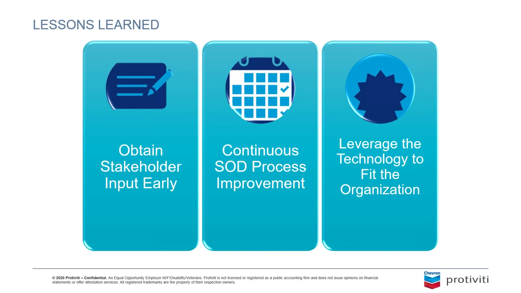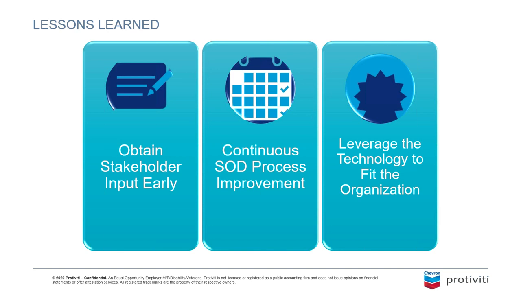That's another area where, as far as our ownership of AVM, we've been able to take part in that SOD governance board to provide them with updates as far as what AVM is capable of doing, any changes or enhancements to our process overall, so that we're making sure that we're getting a full picture into the SOD environment within Chevron.